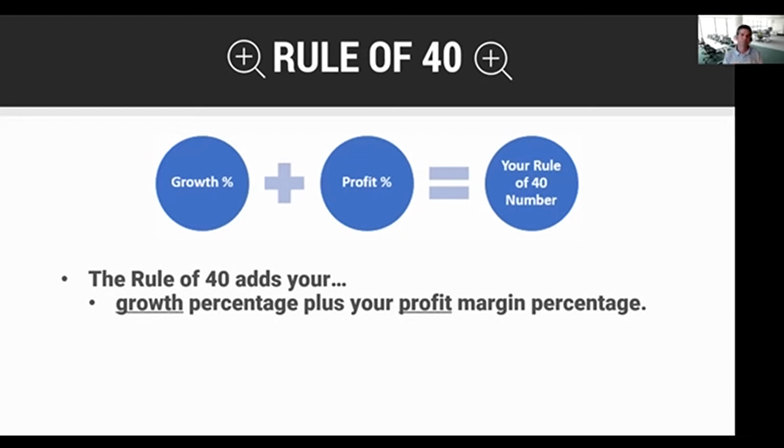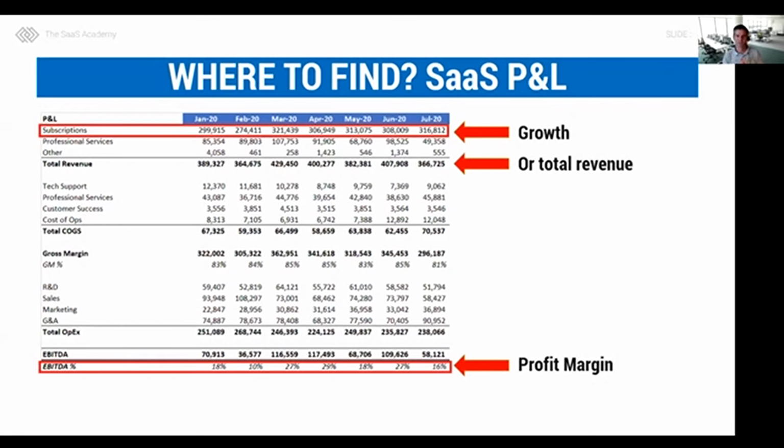The rule of thumb, and what investors like to see, is that number totaling 40 or greater. Then we're deemed, you could say, quote, an attractive business or attractive investment. To calculate this metric, we look at our subscription revenue growth and our profit margin, which in this case I use our EBITDA margin, earnings before interest, taxes, depreciation, and amortization, which is kind of a proxy for our cash flow.